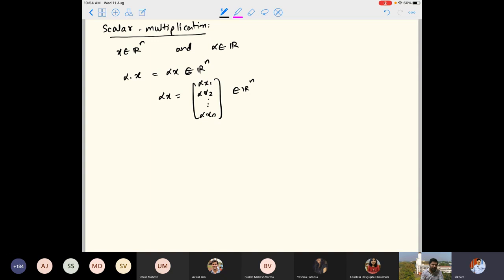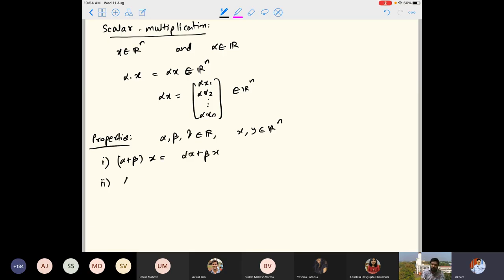Scalar multiplication, again, is easy. The properties of scalar multiplication are very similar. So for alpha, beta, gamma scalars and x, y vectors in Rn, alpha plus beta times x will be equal to alpha x plus beta x, right? The second property is alpha times x plus y, which is alpha x plus alpha y.